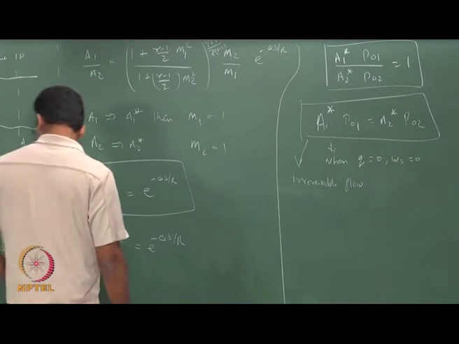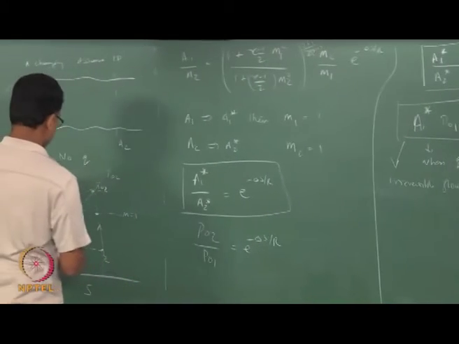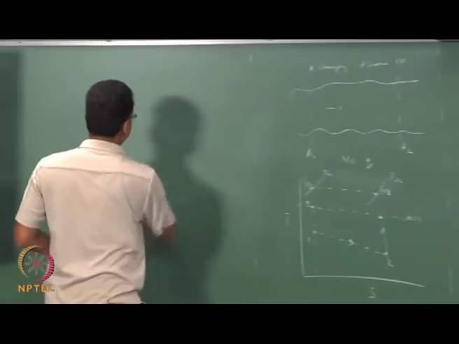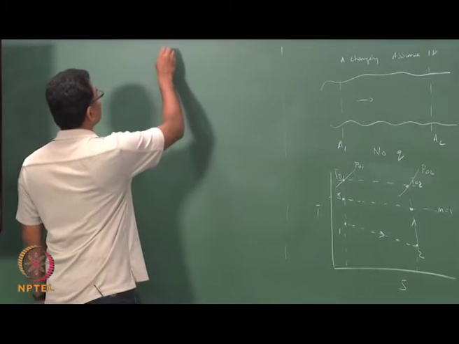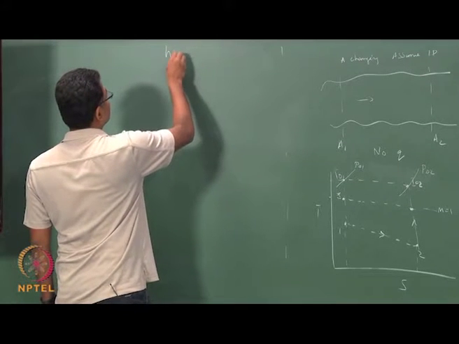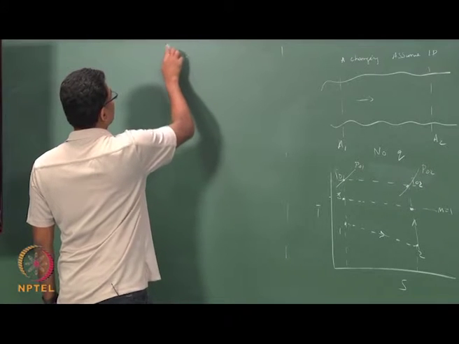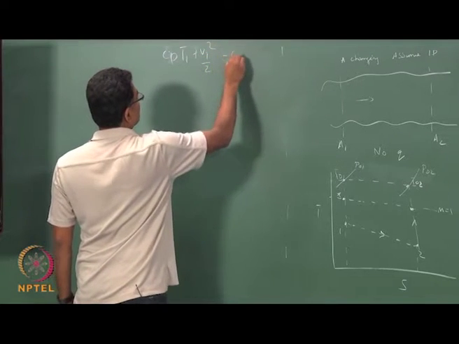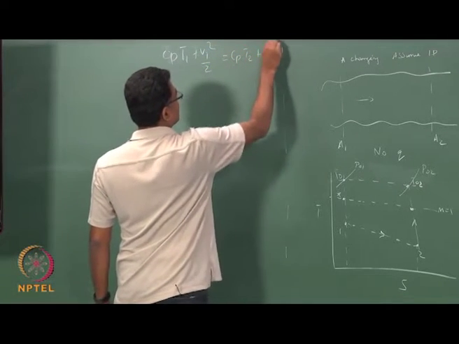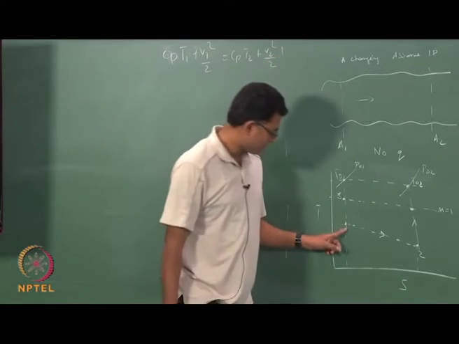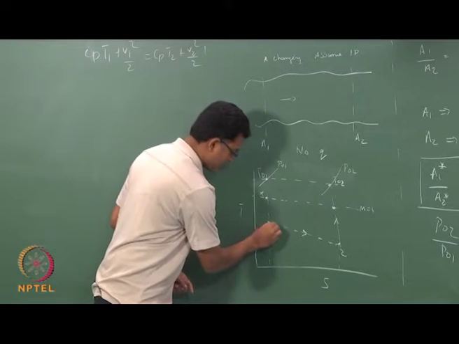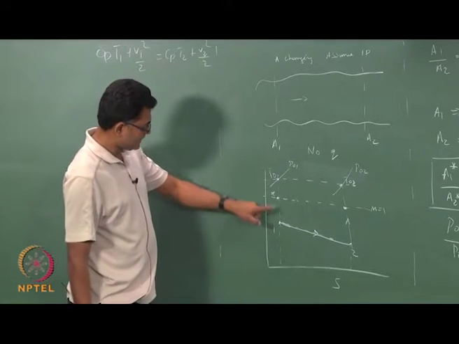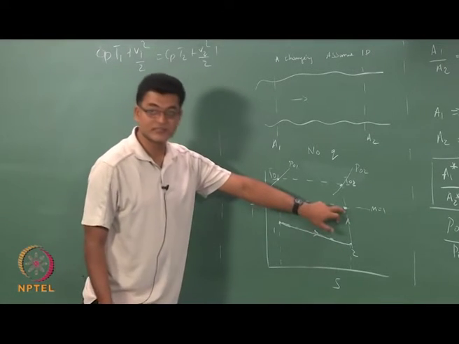Now, moving further, I have the energy equation between point 1 and 2. Now, associated with 1 there is a star value, associated with 2 there is a star value.